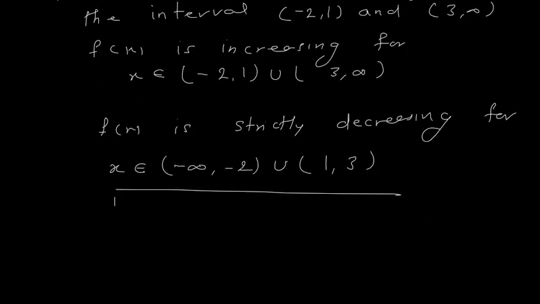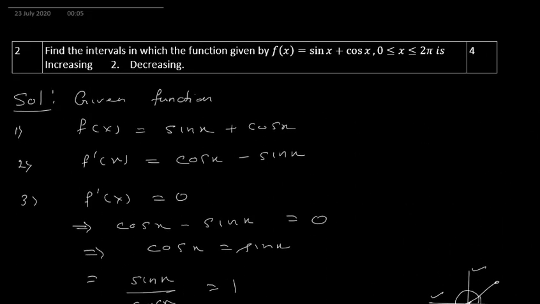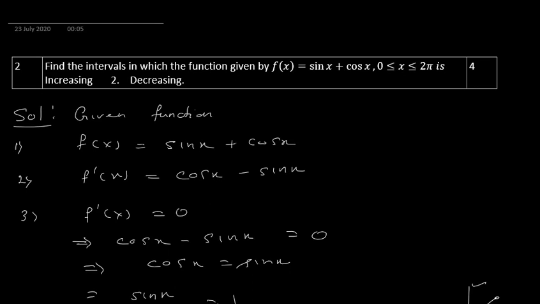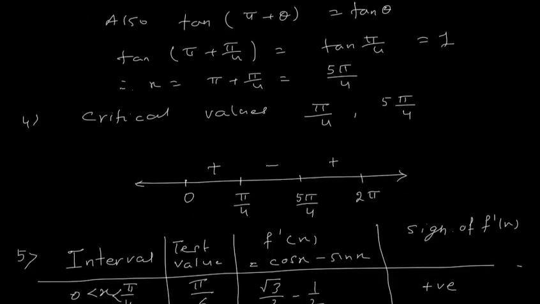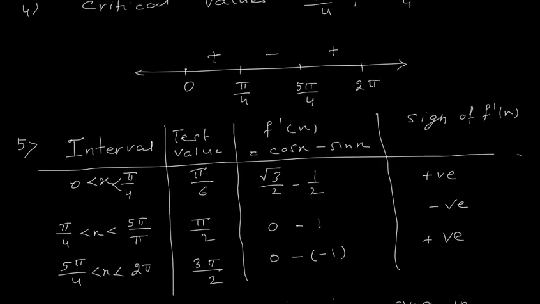The second question was we have to find the interval in which the function f(x) equal to sin x plus cos x is increasing or decreasing. So it is a trigonometric function; again we differentiate it, we equate it to 0, and we find the critical values, and then in each interval we find the sign of f dash x.